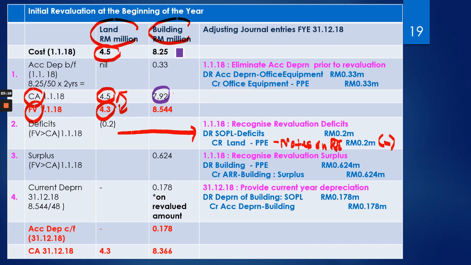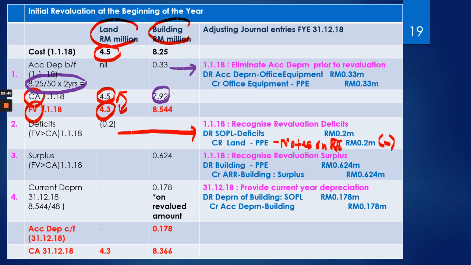So you need to find out the cost minus the accumulated depreciation. The accumulated depreciation, I've done the working here for you, divided by 50 times 2 years, because the revaluation took place after 2 years of acquisition. So 0.33 accumulated depreciation. This one must be eliminated.